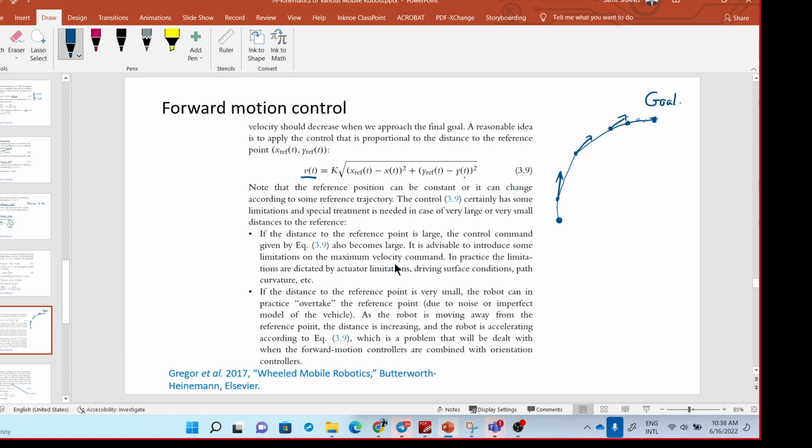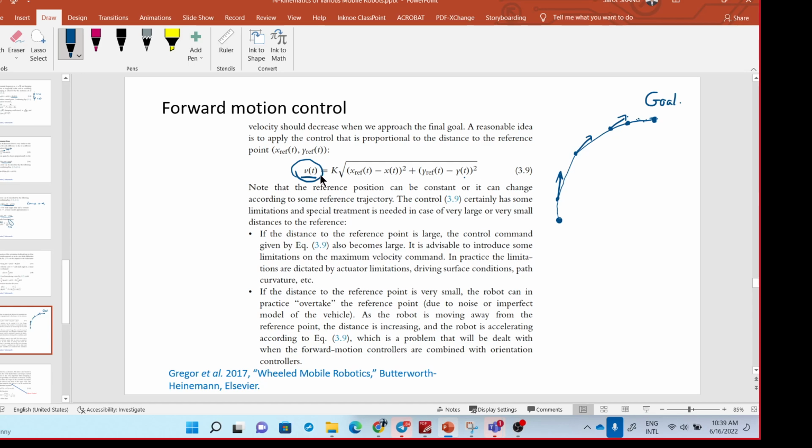Yeah, just to be cautious, if the location of the robot is too far away from the goal, then the desired velocity from the controller could be too large, such that it may induce instability, or it may reach the limitation of the velocity of the robot itself.